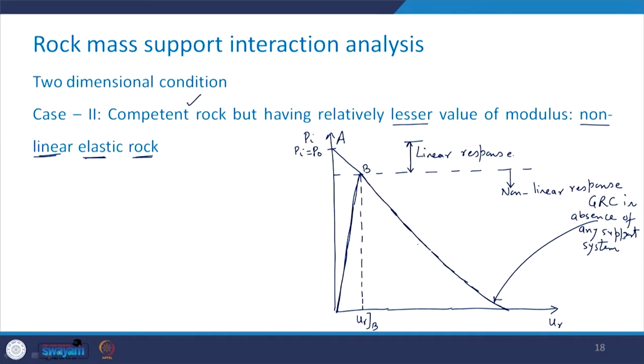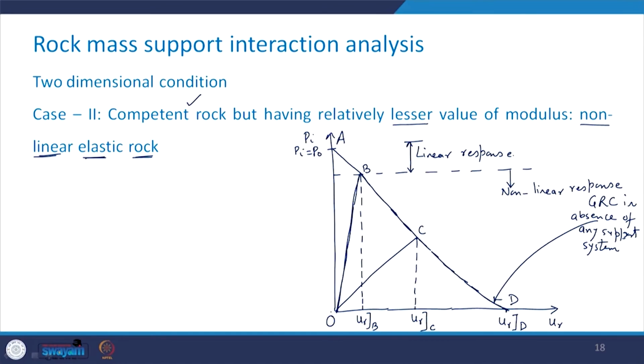In case you allow, let us say, some more, this is another case where you have UR at point C, and you join this point like this, and this point is say D, where you have the deformation as URD.